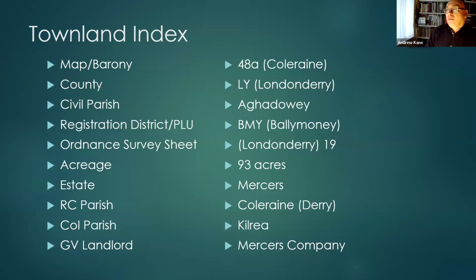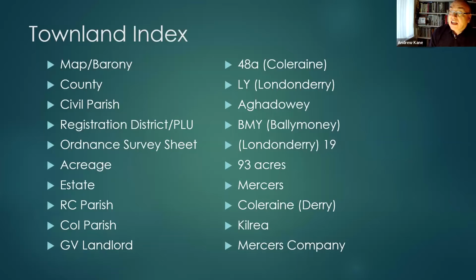The map number, as it's numbered in the book, which gives you the barony, the county, civil parish, registration district, etc. You see all the things there. And this is for a townland that I grew up in. This is the details from it.